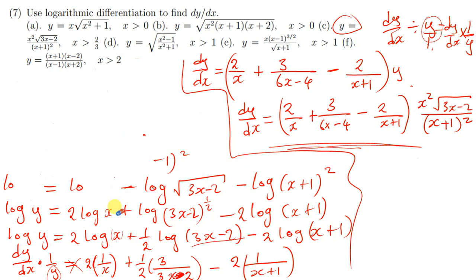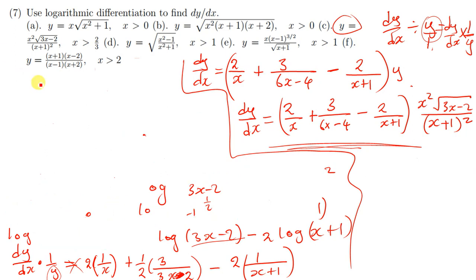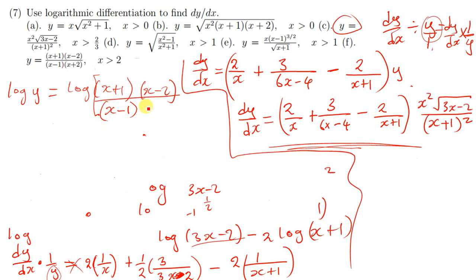Okay, I think this space is enough. So you introduce the logs on both sides. If you want to, we can introduce ln. So we say log y is equal to log of x plus 1 and x minus 2, multiplying, and then divided by x minus 1, x plus 2.